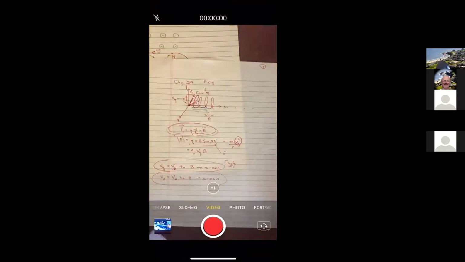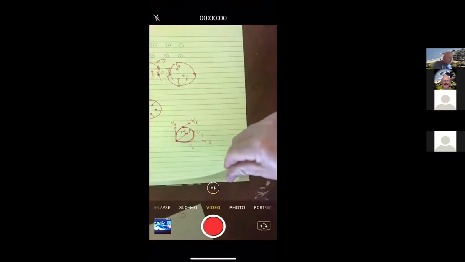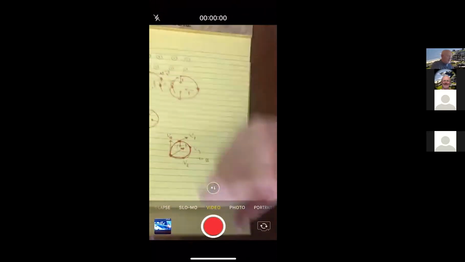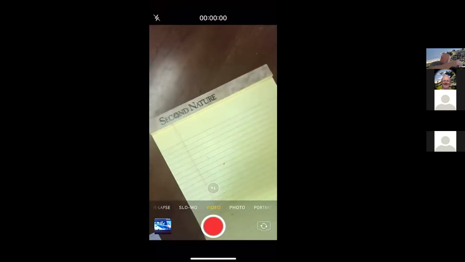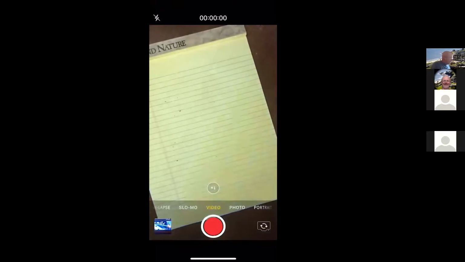And so coming back to a clean sheet here, or at least as clean as I got. Got to put a piece under there.